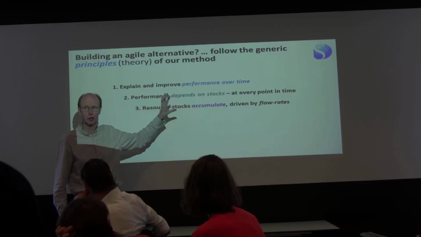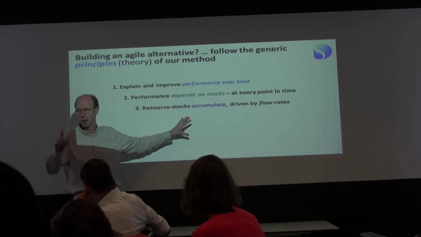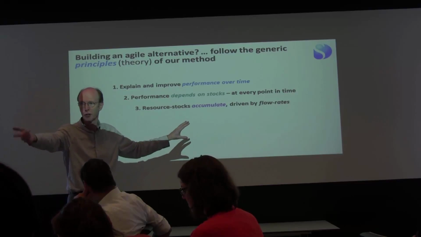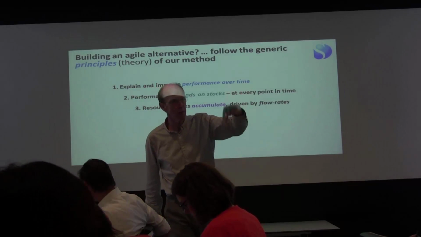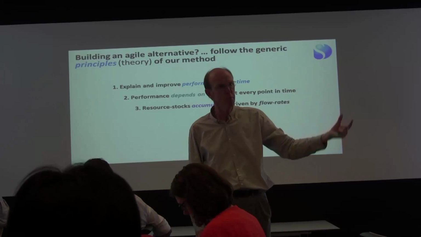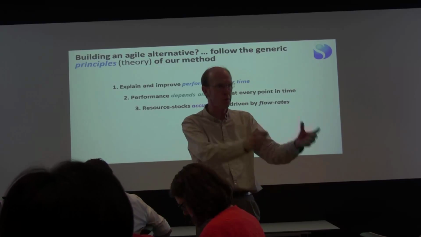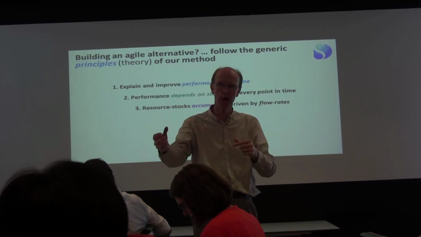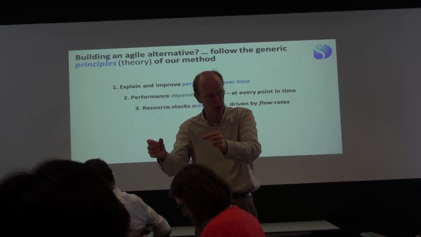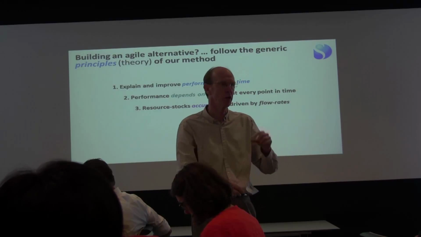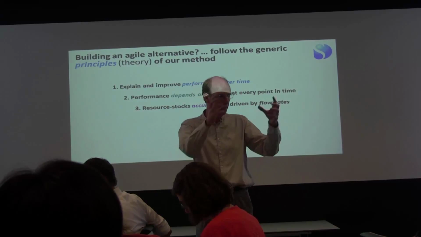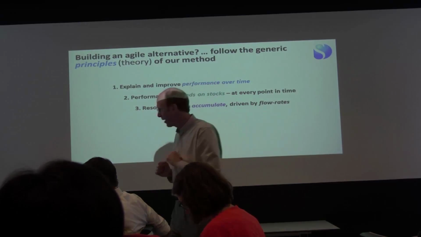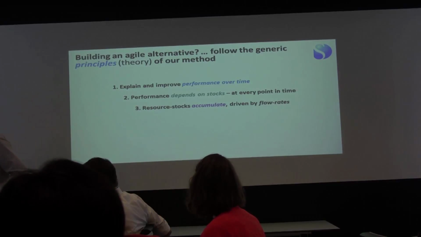It's the flows that control the system. Students enrolling, students graduating, students dropping out, new families becoming homeless, families moving from being homeless to being in your temporary accommodation, families moving from the short-term accommodation into long-term accommodation. It's the movement, it's the flows, the movement of stuff from one state to another that actually changes the performance.